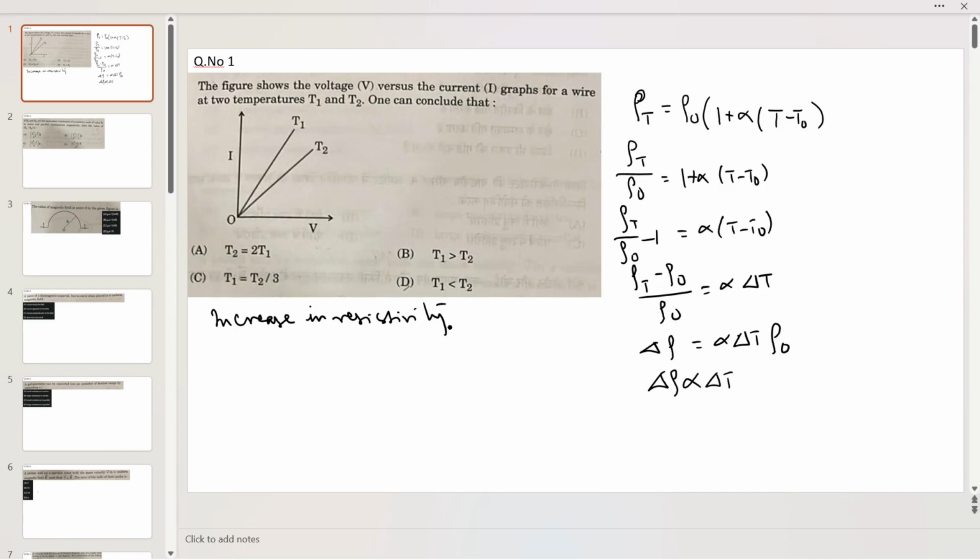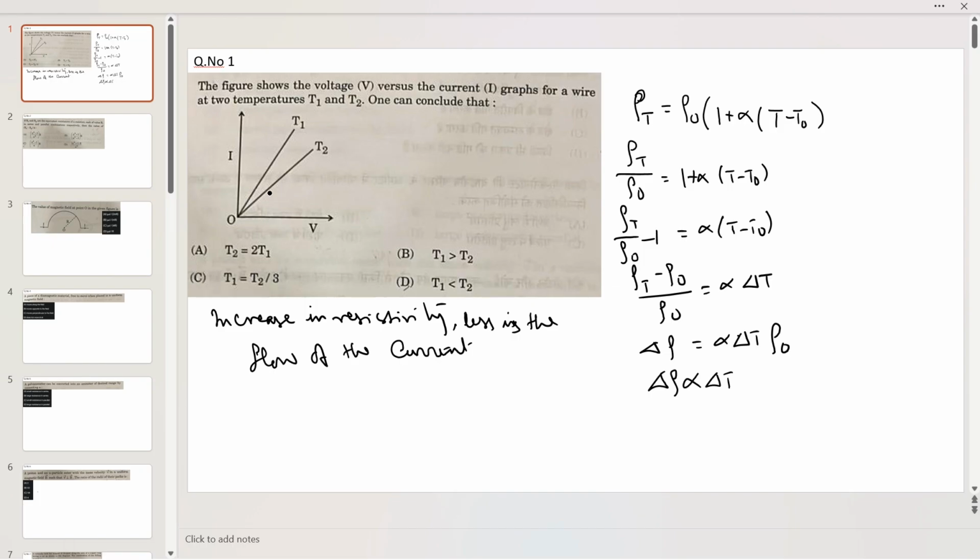With increased resistivity, less is the flow of the current. So here you see that in the figure we take this voltage.